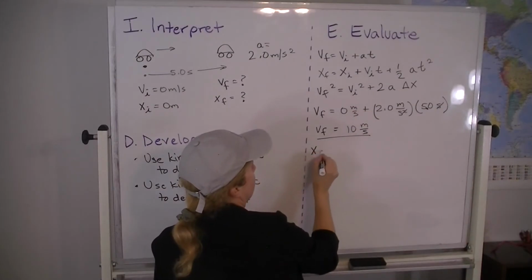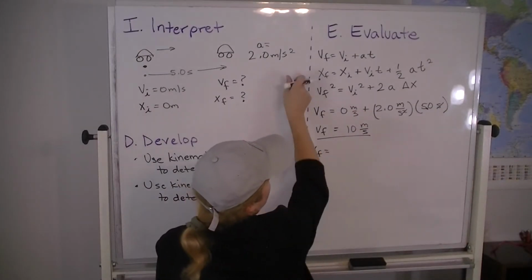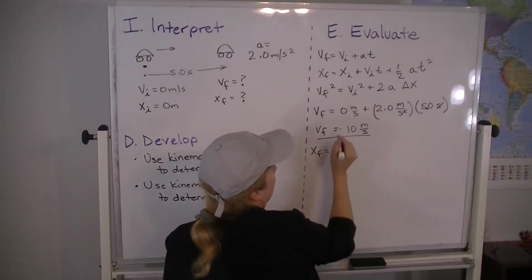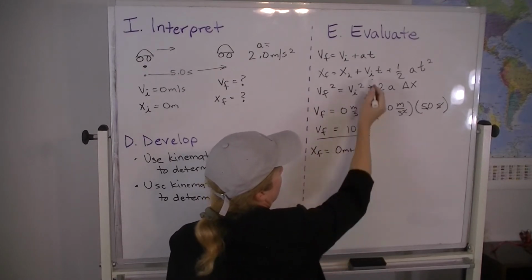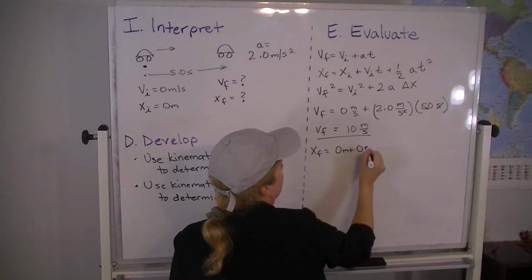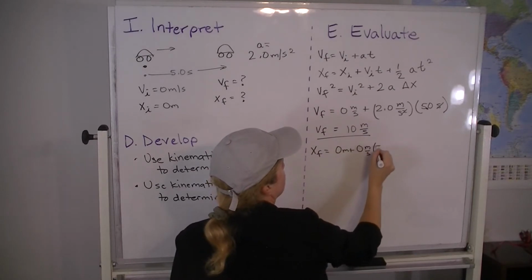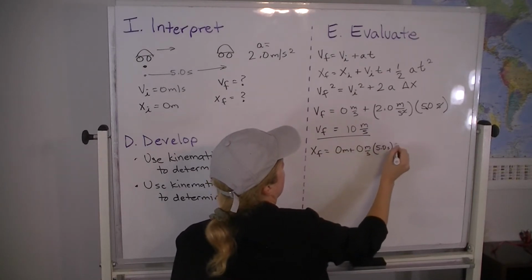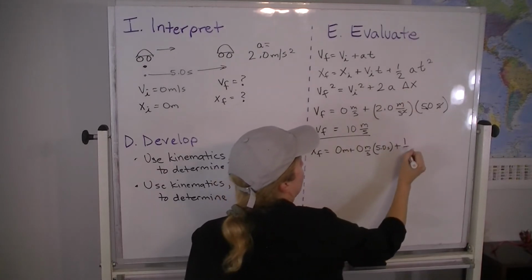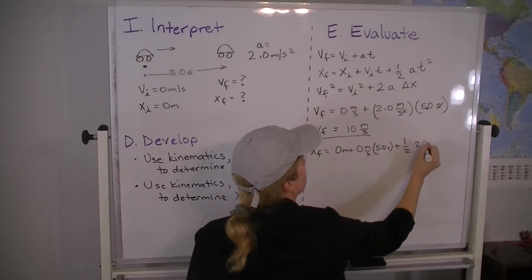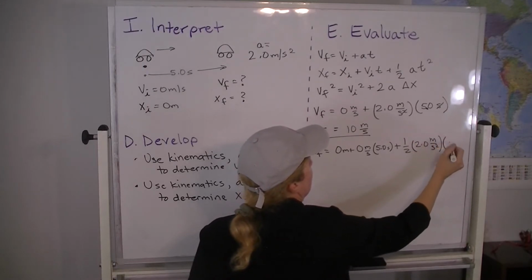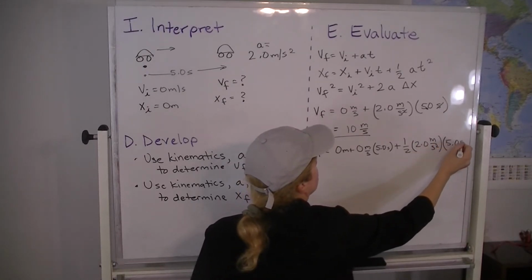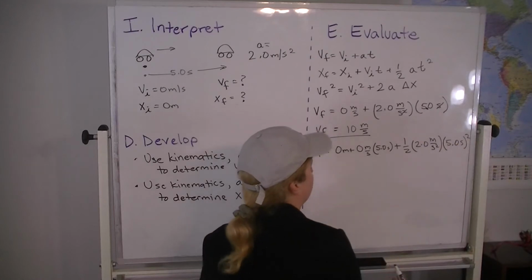Now, solving for the final position, similarly, using this second expression, we have our initial position, which is at 0 meters, plus the initial velocity, 0 meters per second, times 5.0 seconds, plus 1/2 the acceleration, 2.0 meters per second squared, times the time, 5.0 seconds, quantity squared.